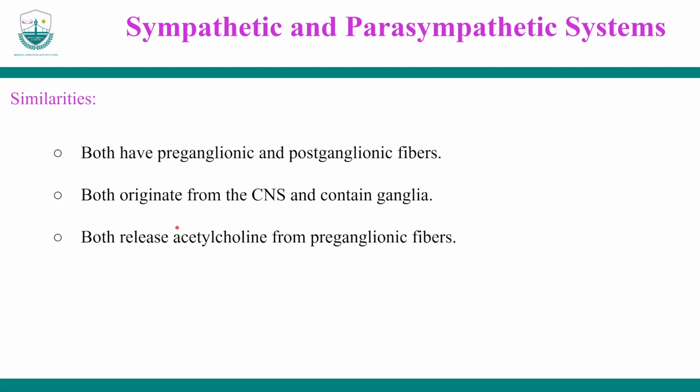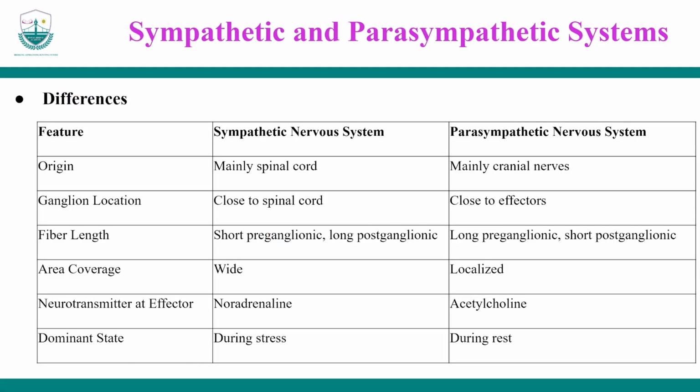Both of them release the neurotransmitter called acetylcholine from the preganglionic fibers. So we have talked about the differences between the parasympathetic nervous system and the sympathetic nervous system based on the functions.